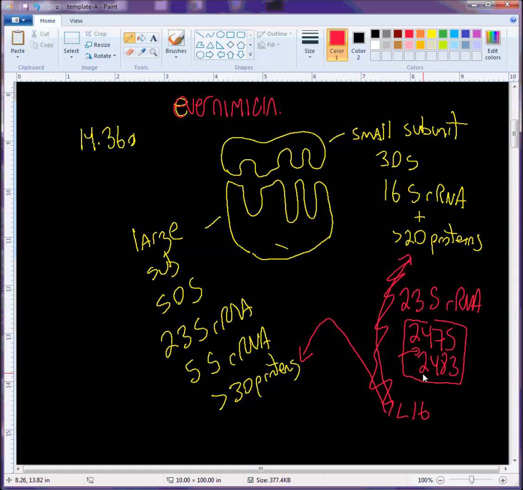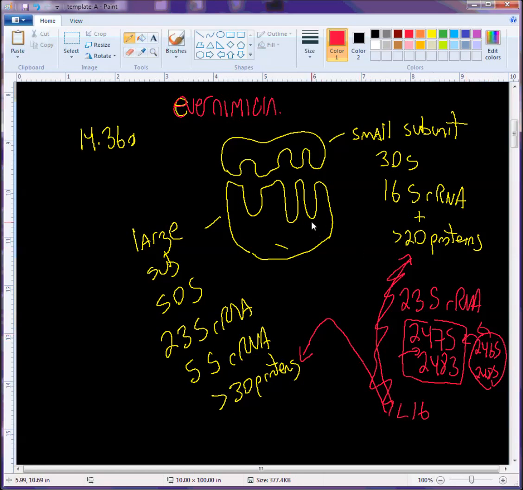Okay, next the question says, it turns out that the tRNA anticodon stem loop appears to bind the A site of the ribosome at ribosomal RNA bases 2465 to 2485. Okay, that's right in here. So apparently the tRNA anticodon stem loop binds to the A site of the ribosome at these positions.